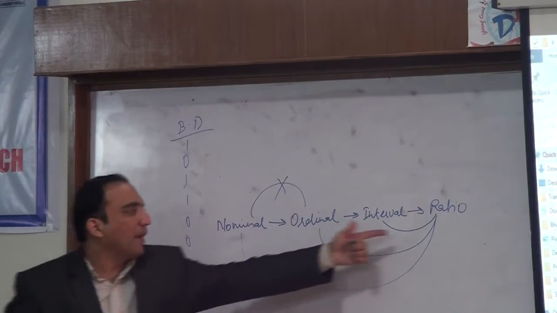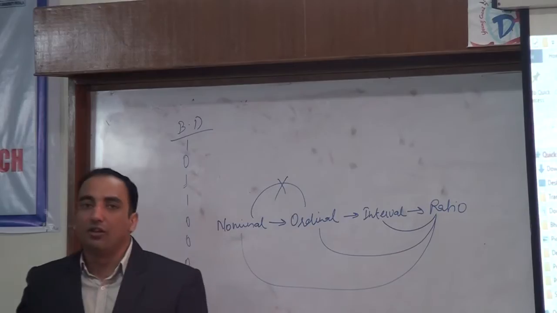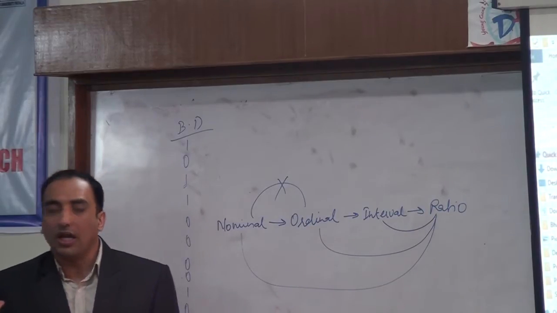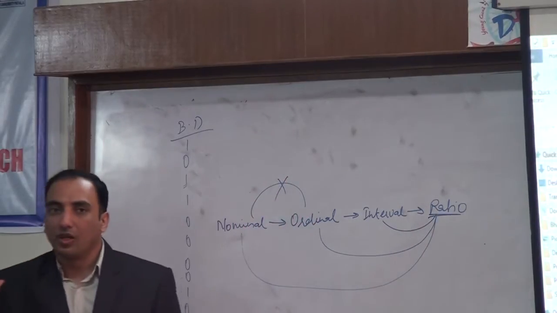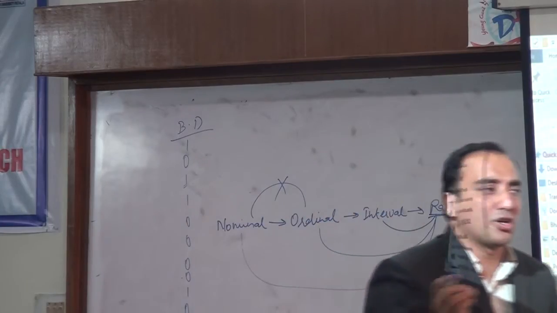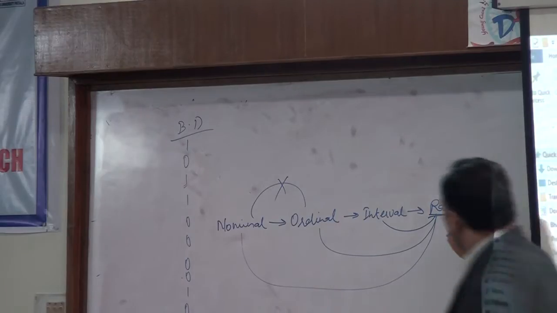So always remember this chain. Only thing is that here we can only go in the reverse direction. We cannot go in the forward direction. Okay, so ratio scale is the highest form of scale. Whatever mathematical operations there are, plus, minus, multiplication, divide, square root, square, cube, one upon square root, taking logarithm, taking exponential, taking correlation, all those things you can do with ratio scale.